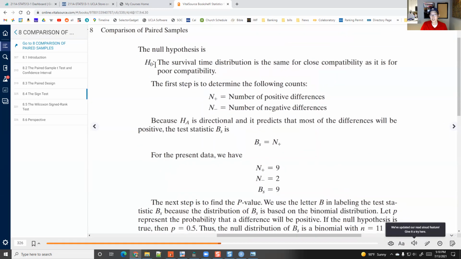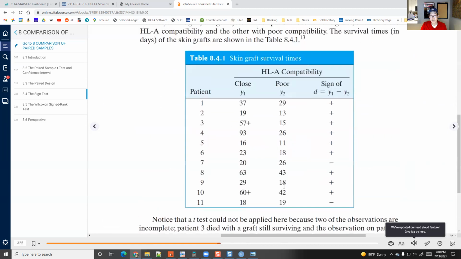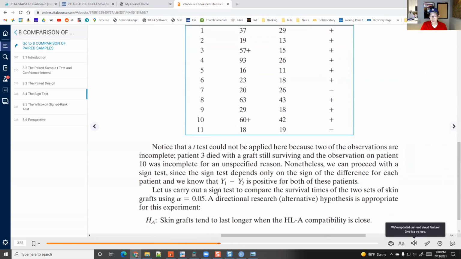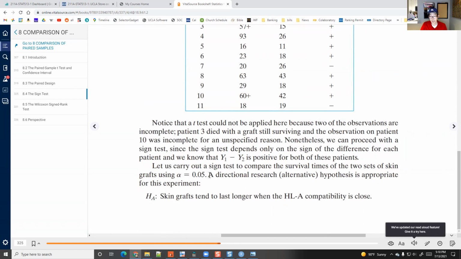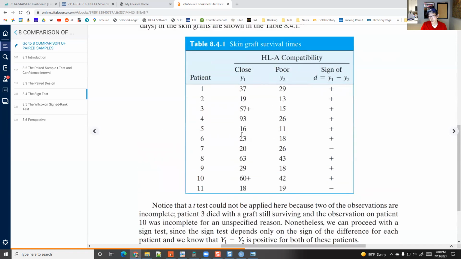Because the alternative predicts, in this scenario, when we read the problem, it said let's carry out a sign test to compare the survival times, and we're going to use a directional alternative, which is that skin grafts tend to last longer when the compatibility is close.